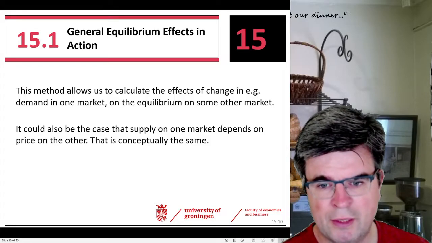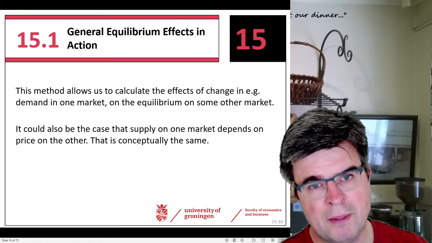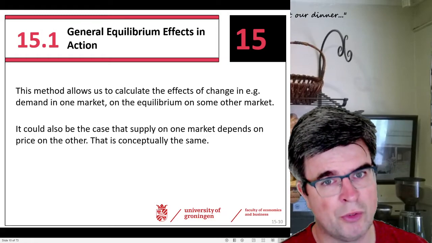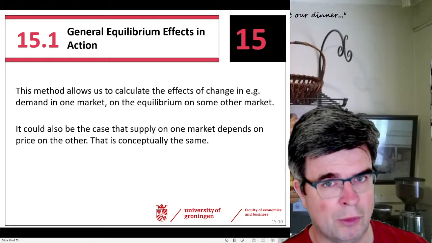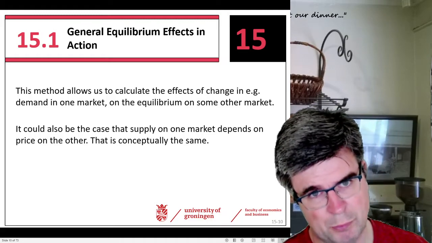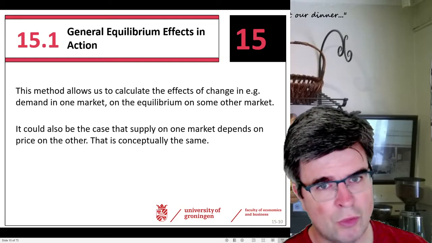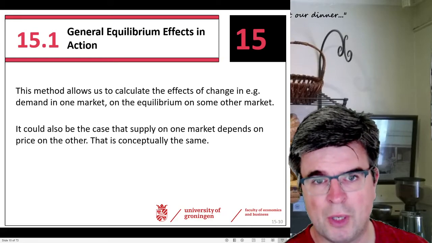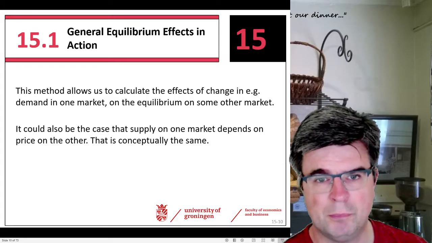And we did here an example where the dependency between the two markets was via the demand functions. So the demand for one good is positively dependent on the price of the other good, the price in the other market. Of course, you could just as well let this interconnectedness run via the supply function.